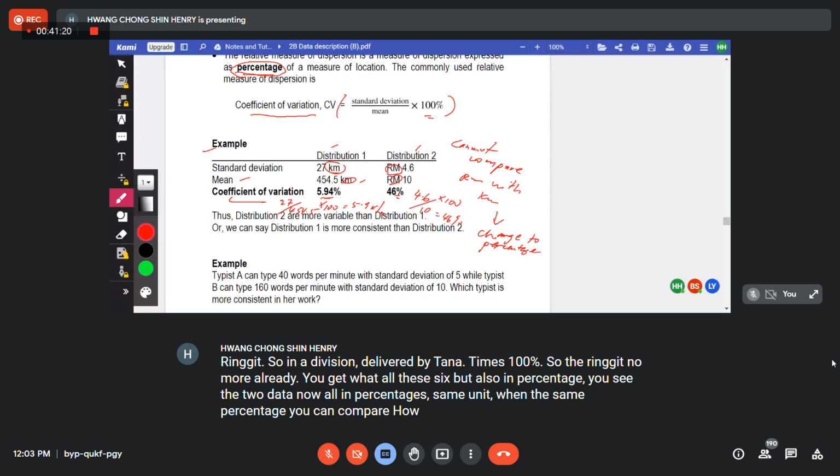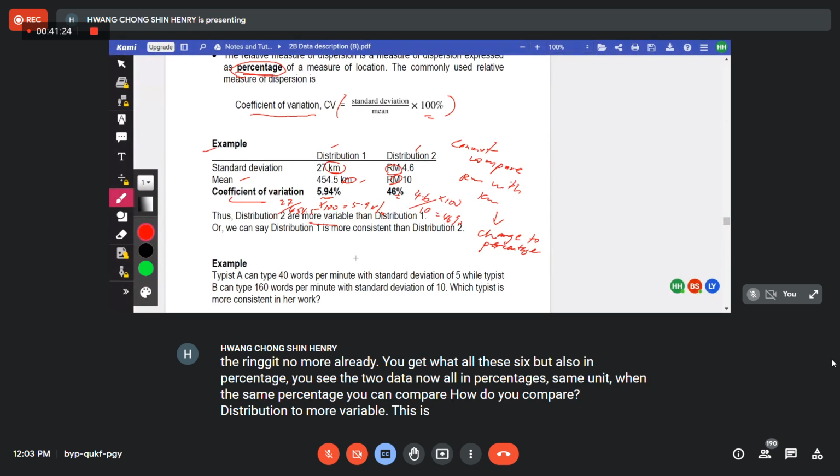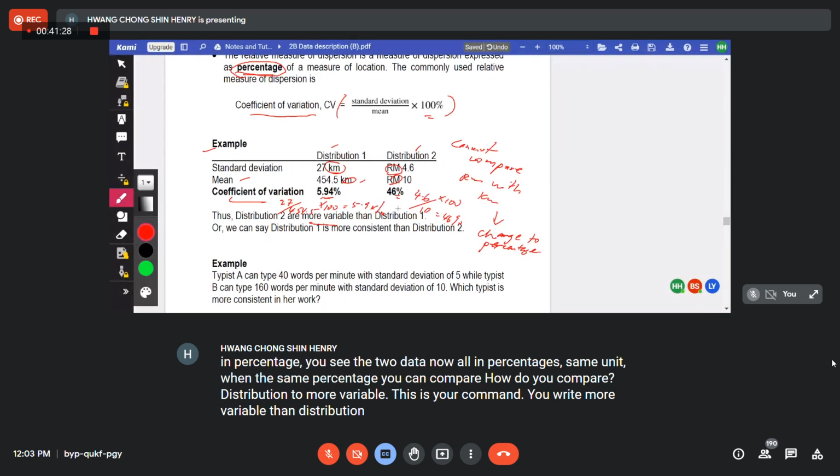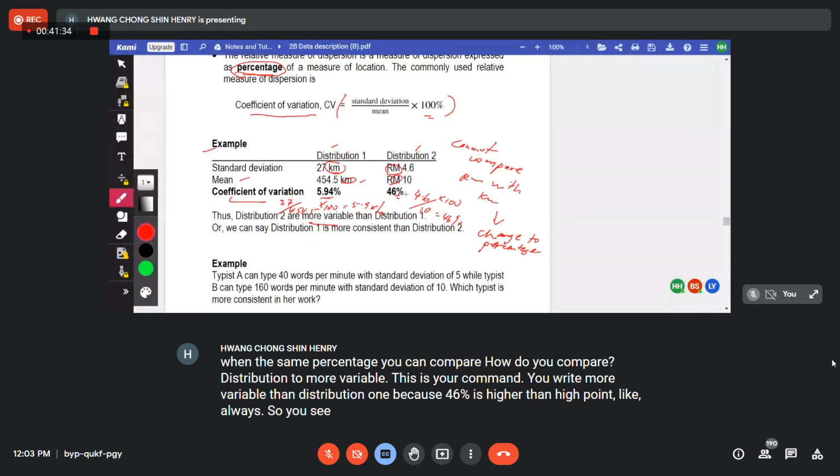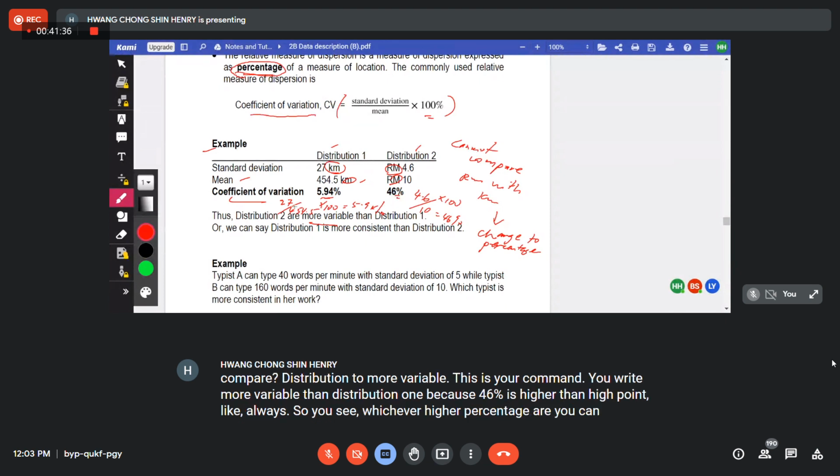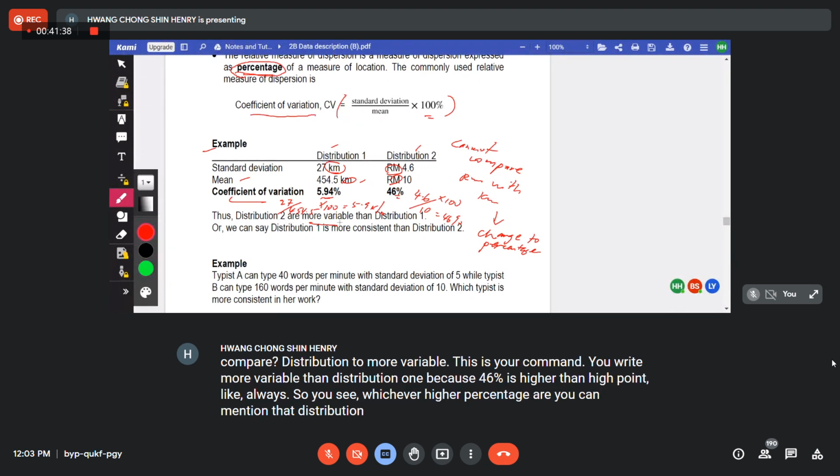How do you compare? Distribution 2 is more variable. This is your comment. You write more variable than distribution 1 because 46% is higher than 5.94%. So whichever has the higher percentage, you can mention that the distribution is more variable than the one which is lower.